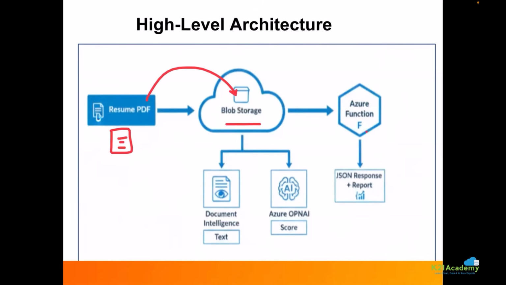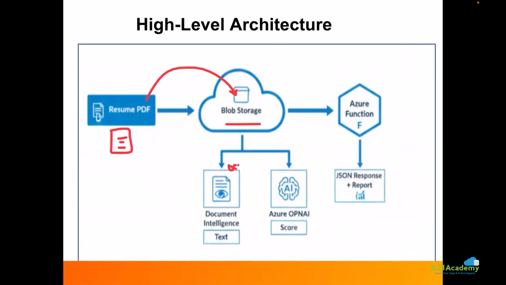The Azure function starts executing your piece of code. It receives the resume's file location, where my PDF file is, and also receives the JD. It orchestrates and controls when to read the resume and when to call the AI services, such as doing OCR at the back.